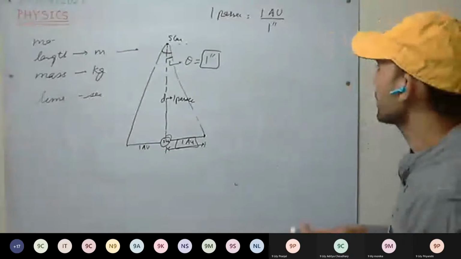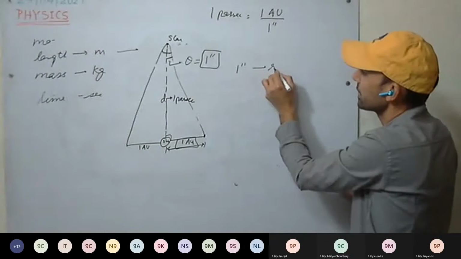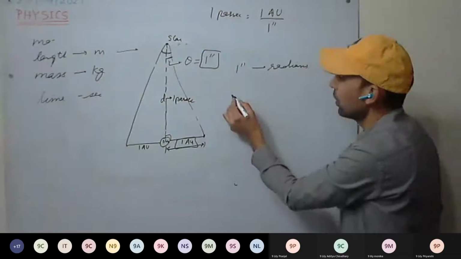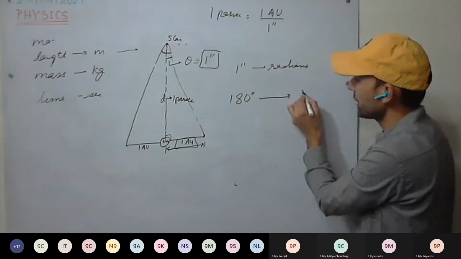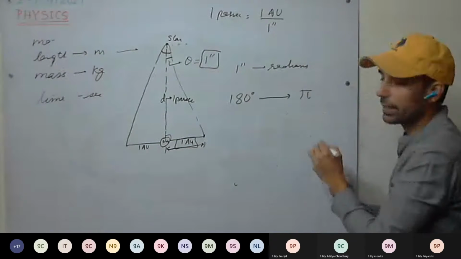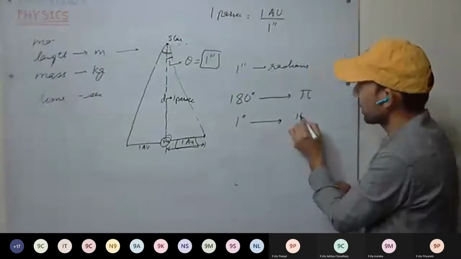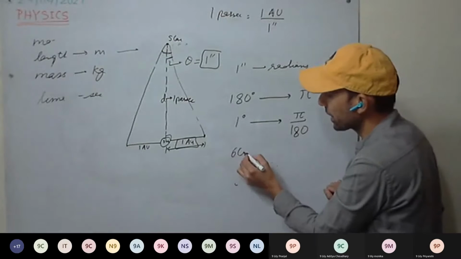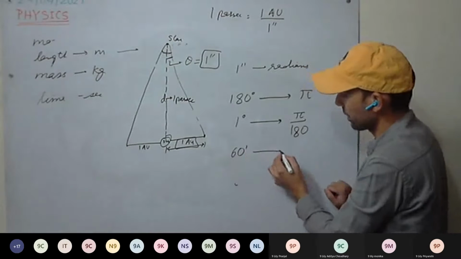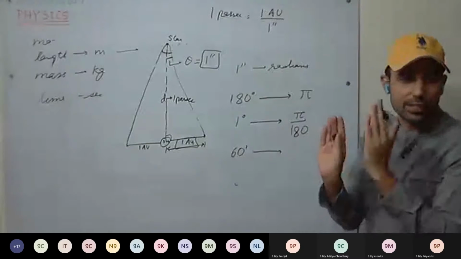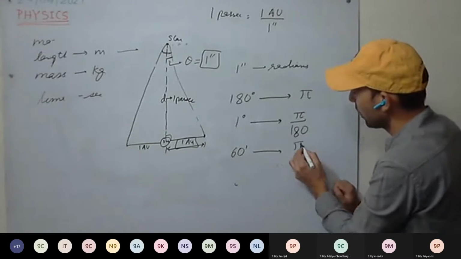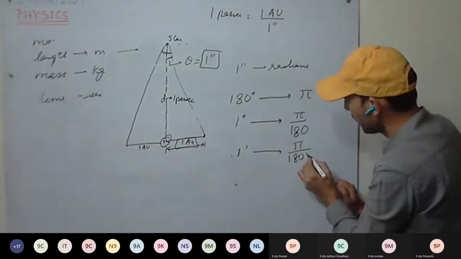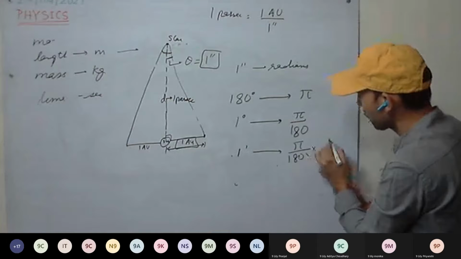Now this 1 second we have to convert into radians. We all know 180 degrees is pi radians, so 1 degree is pi upon 180 radians. In 1 degree, how many minutes? 60 minutes. So for 1 minute, multiply by 1 upon 60.